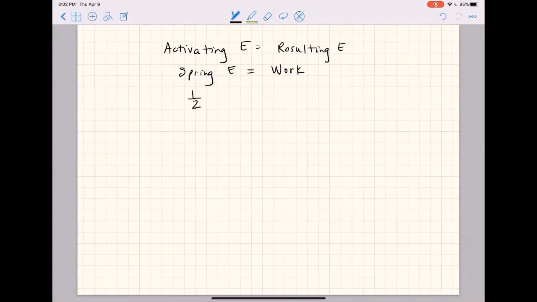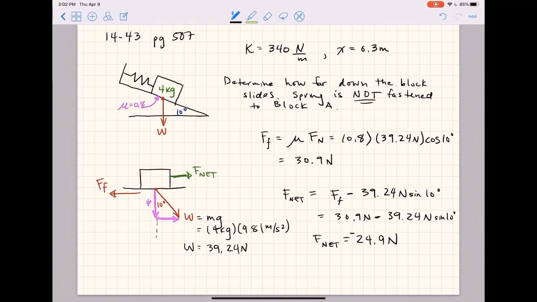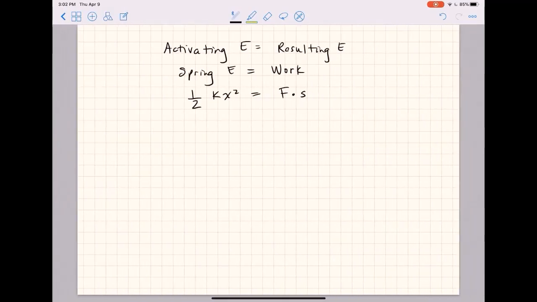So spring energy is 1/2 kx squared, whereas work is a force times a distance. Now, it says determine how far down the block goes, so we're going to be solving for S. We need to know k, which was already given. x was given. So it's the force that we would need to figure out.